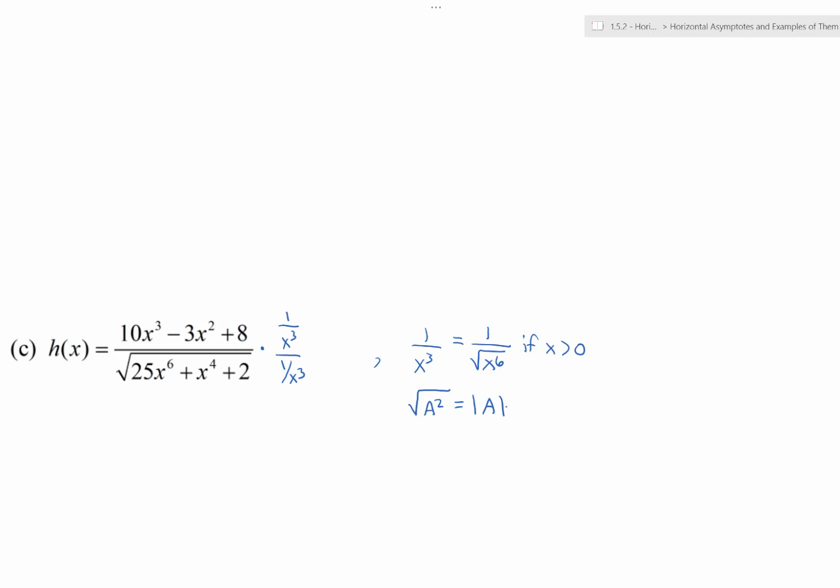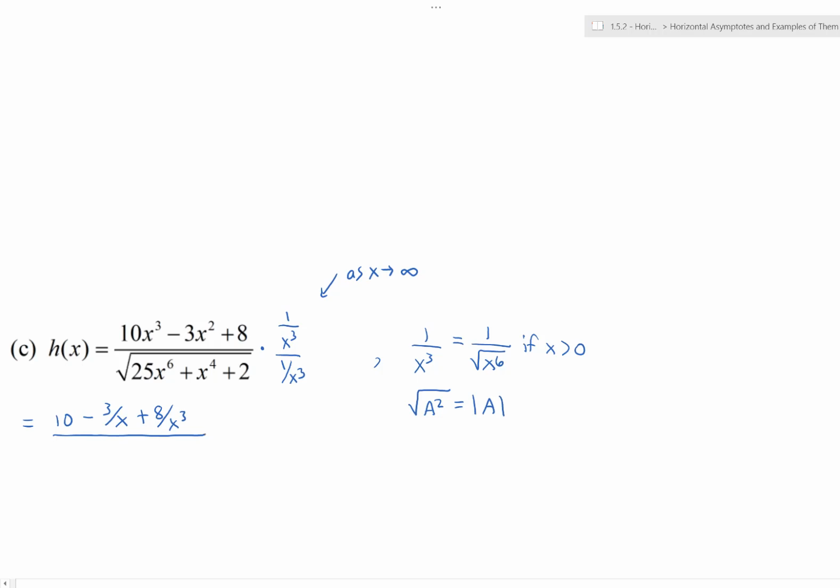In this case, we're starting with the case as x goes to positive infinity, because if x is positive, then the root of x to the 6th is just x cubed. So in the numerator, for positive values of x only, I get a 10 minus a 3 over x plus an 8 over x cubed.